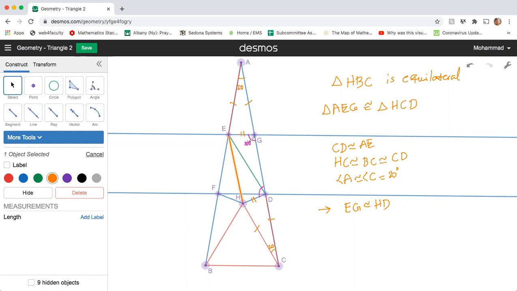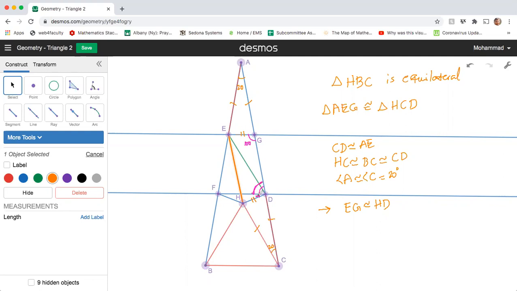This is 100 degrees. I want to show that this is also 100 degrees. Well, this part of it is 80 degrees because this line was parallel. This angle is corresponding to this angle. This is 80, therefore this is 80.